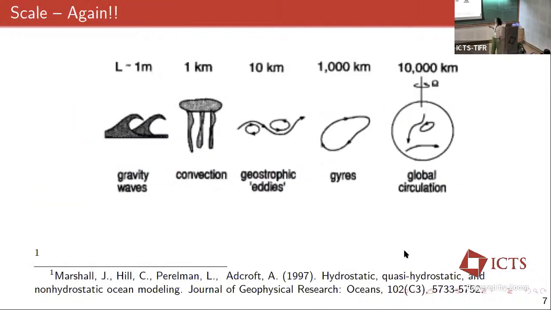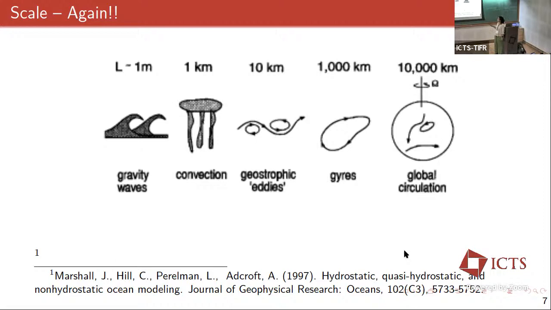Now, we have all been hearing about scales. Scale, the magic word. What does it mean? If we concentrate on the ocean, there are various scales, as we all know. At 1 meter scale, gravity waves are important. Again, these are all approximate values, just to give you a sense of the range.